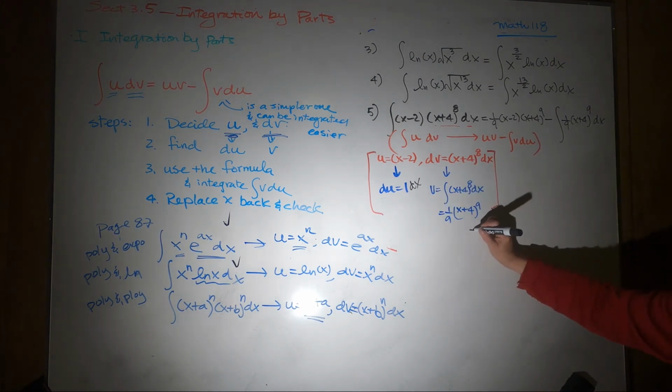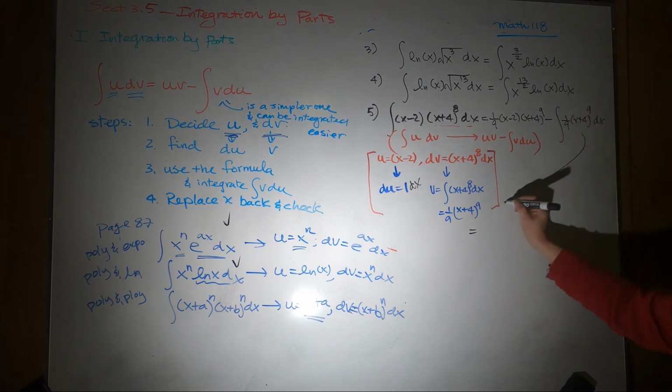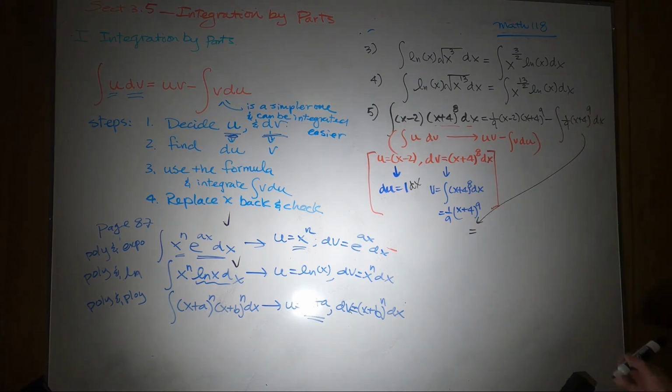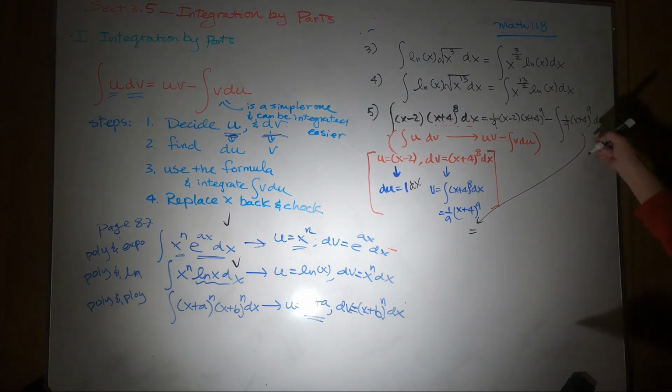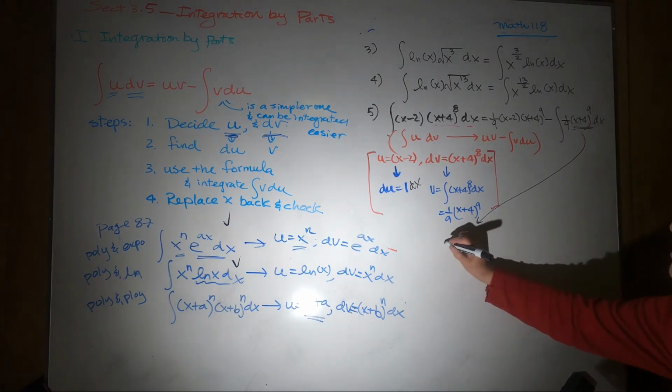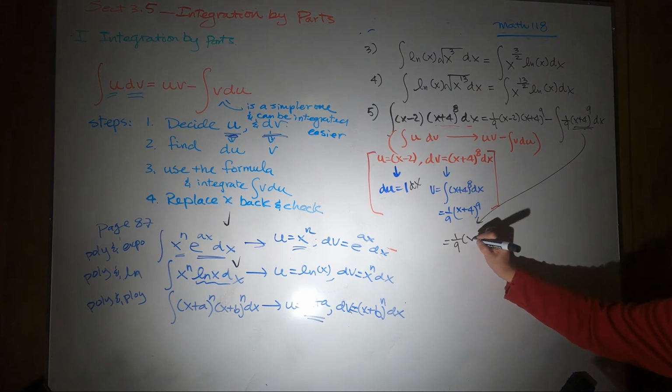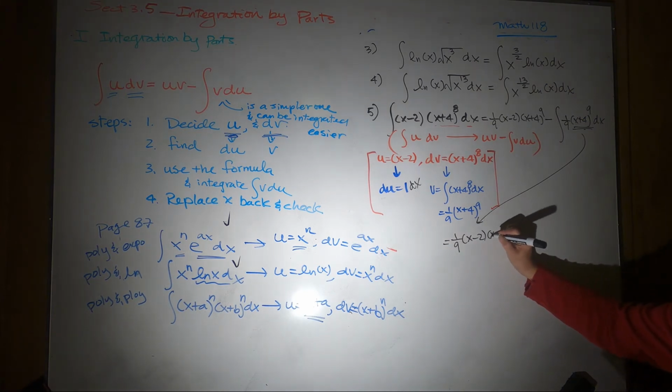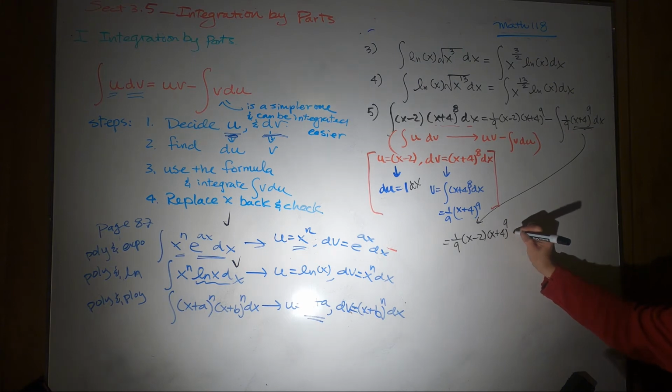So from here, what do we have? We take the integral of this, and it becomes a simple power rule, right? So we have 1/9 (x minus 2)(x plus 4) to the 9th power, minus.